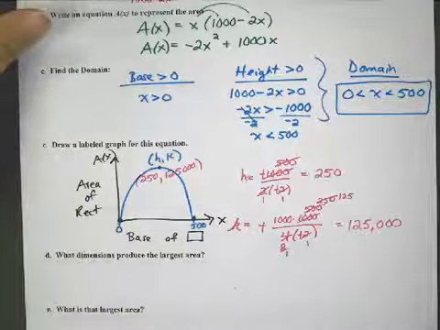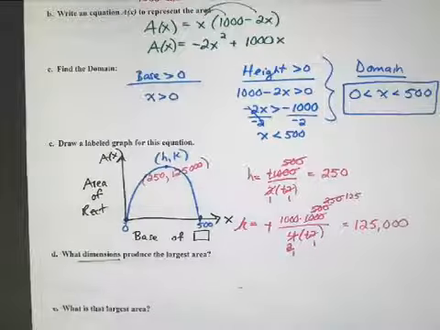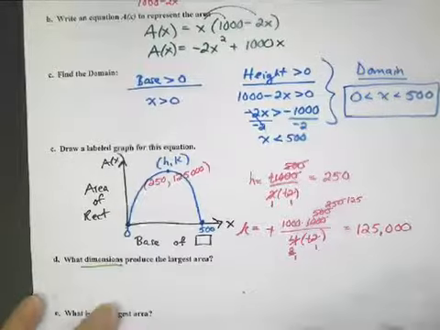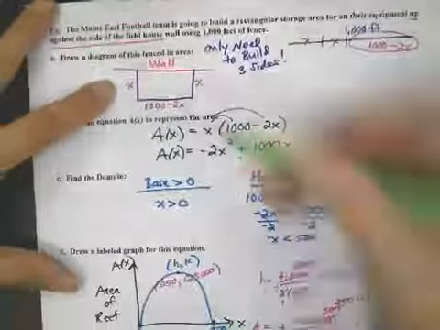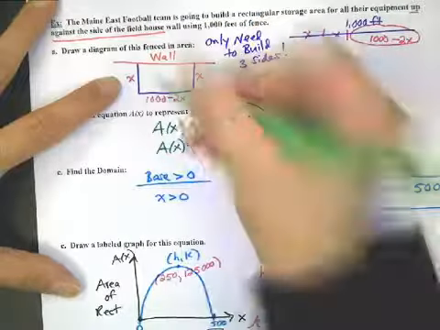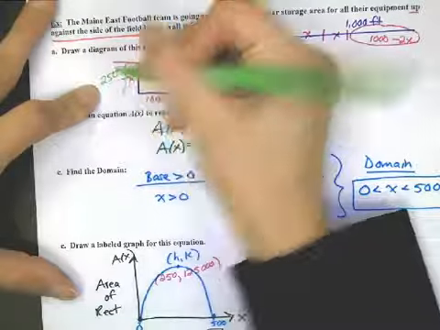Question D. What dimensions produce the largest area? Dimensions are the base and the height of the rectangle. So let's go back up to the picture, and I need to know an X. The X value is 250. So this side right here is 250.